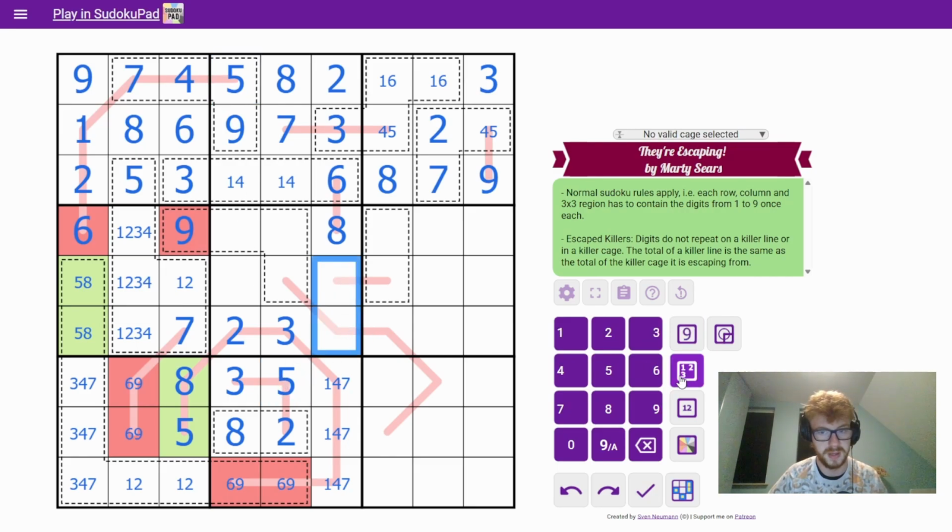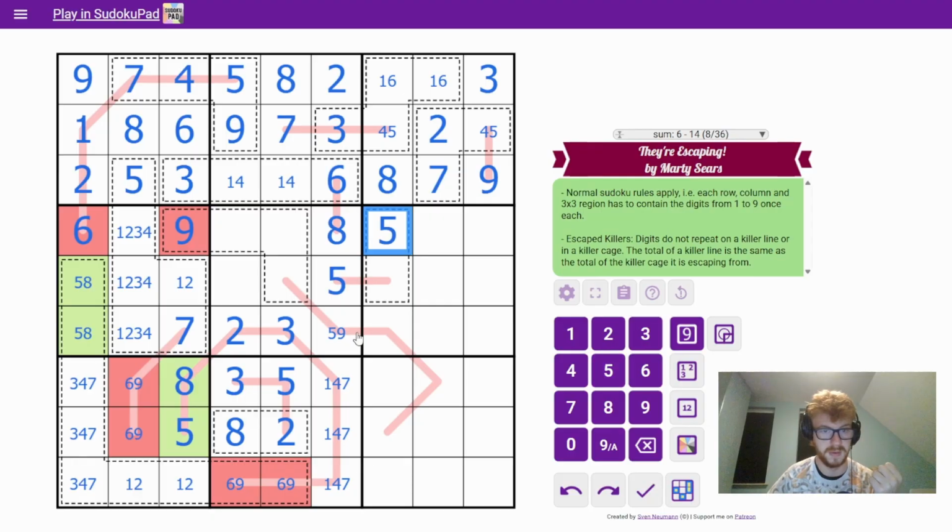So one of those is a 5. Well, I know what these digits are. It is a 1, 2, 3, 4, 5, 9. If that is a 9, that's a 9. So that isn't the case. So that's a 5 and a 5 and a 9. That 5 places that 5 and that 8.